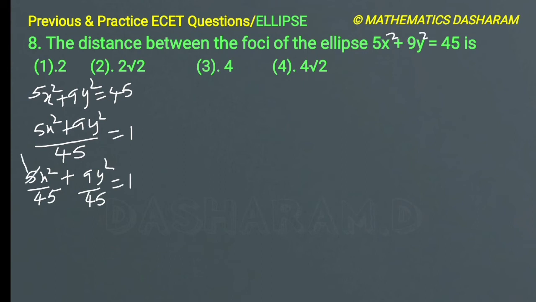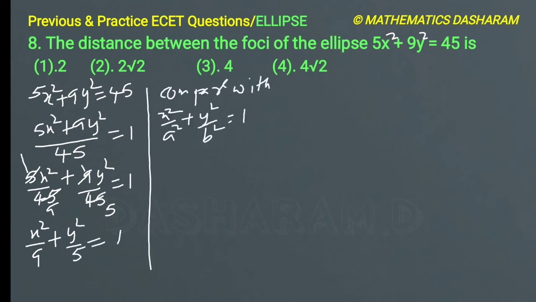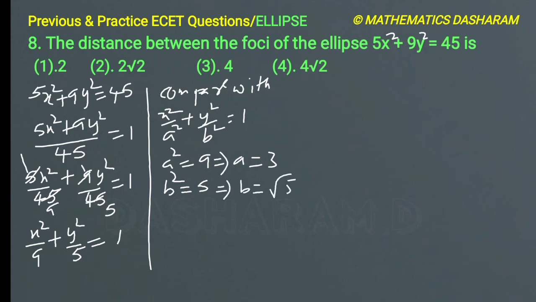Here 5 ones are 5, 5 nines are 45, 9 ones are 9, 9 fives are 45. x square by 9 plus y square by 5 equals 1. x square by a square plus y square by b square equals 1. So then here a square equals 9, then a equals 3, b square equals 5, then b equals root 5. So here a is greater than b.